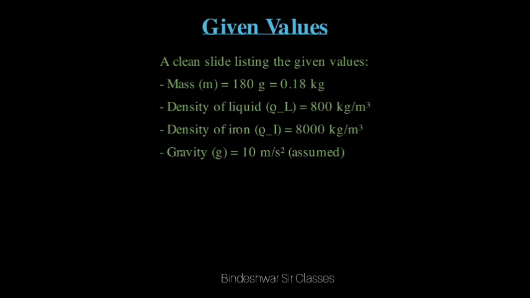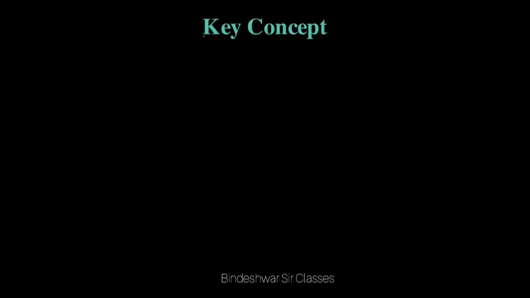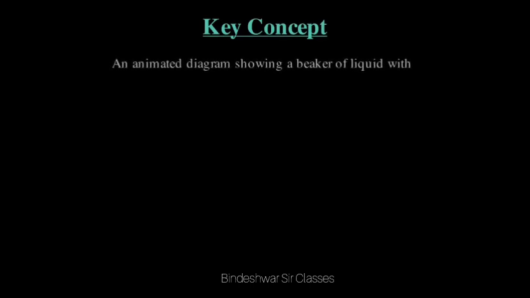So m equals 0.18 kilograms. Next, the density of the liquid, which we'll denote as ρL, is 800 kilograms per cubic meter. The density of iron, ρI, is 8,000 kilograms per cubic meter. We also need the acceleration due to gravity, g, which we'll take as 10 meters per second squared for this calculation.